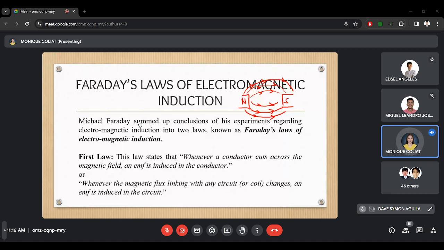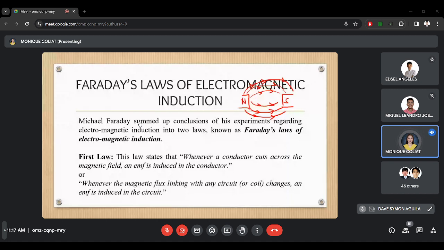There's a north and south pole of a magnet, then there's a magnetic field, and there is a magnetic flux flowing there. If you cut the flux, you will generate an EMF or electromotive force. It is induced in the conductor, then it can generate electricity. So that is the process of how a generator works.